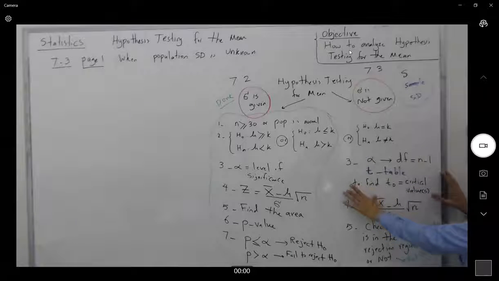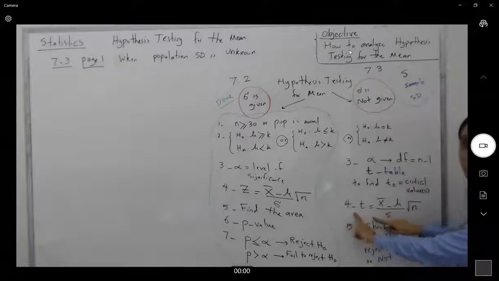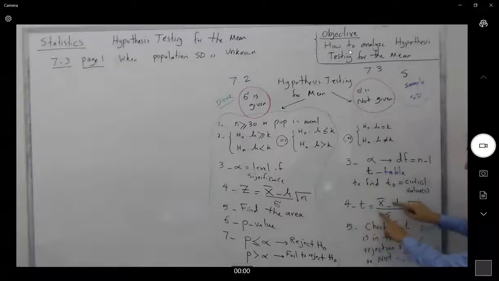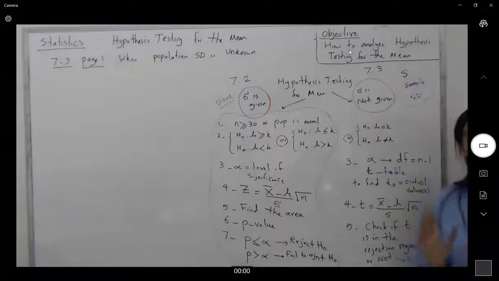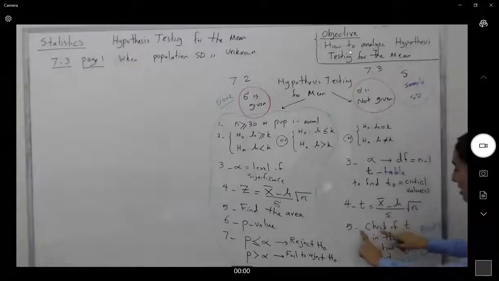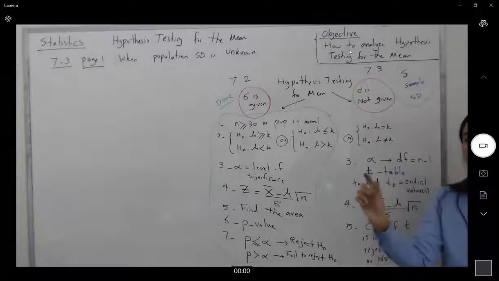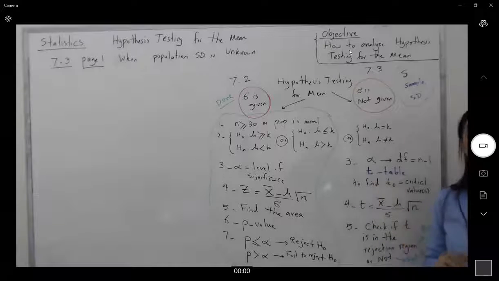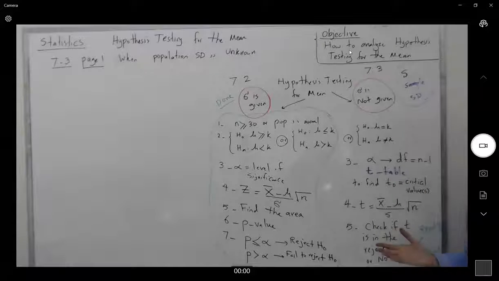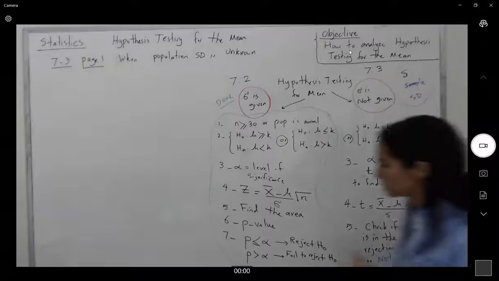After finding critical values, we have to find t, x bar minus mu divided by s times square root of n, which is the standardized test statistic, and check to see if t is inside that green rejection region or not. If it is, we reject the null hypothesis. Otherwise, we fail to reject the null hypothesis.